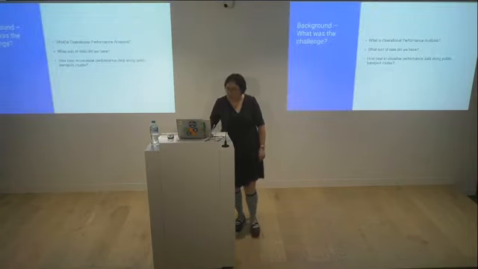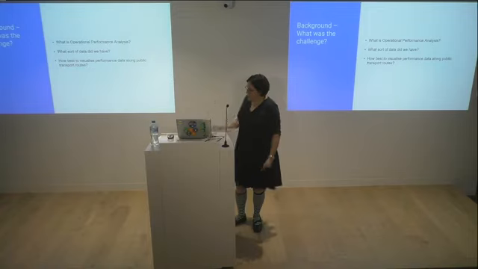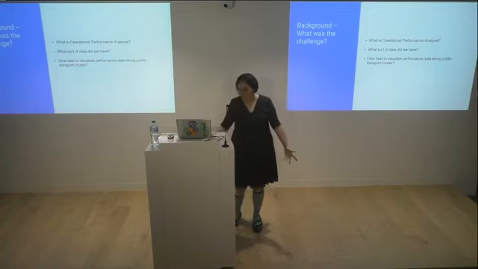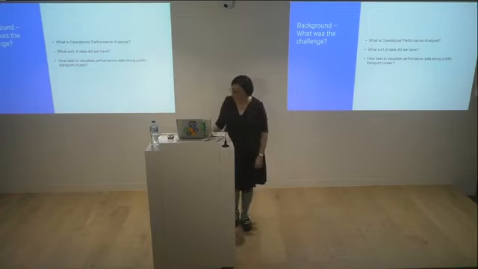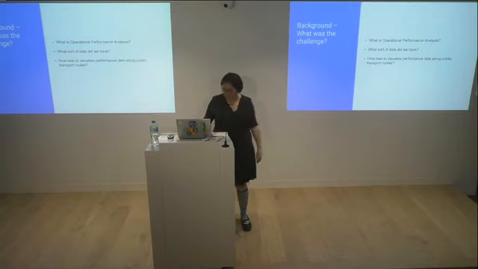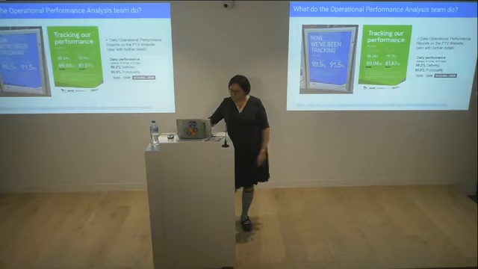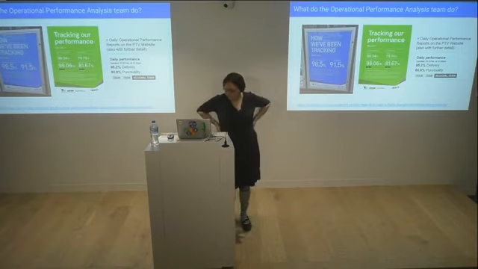So background. What was the challenge? What is operational performance analysis anyway? What sort of data do we have, and how to best visualise it? You might recognise these creatures from train stations and on trams.